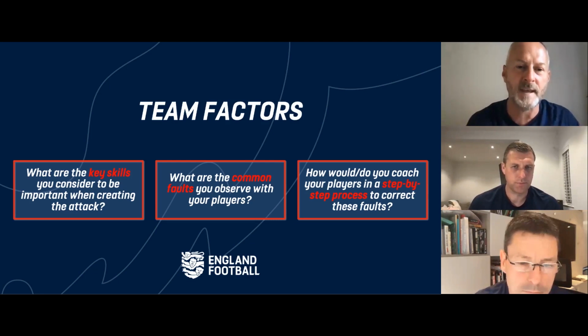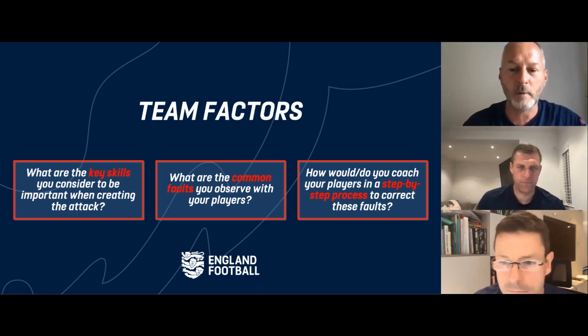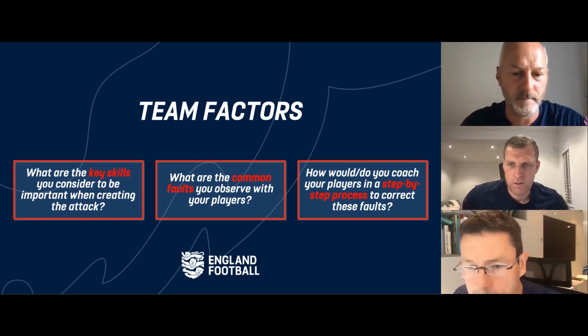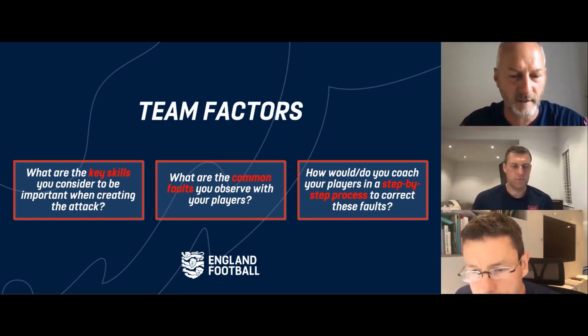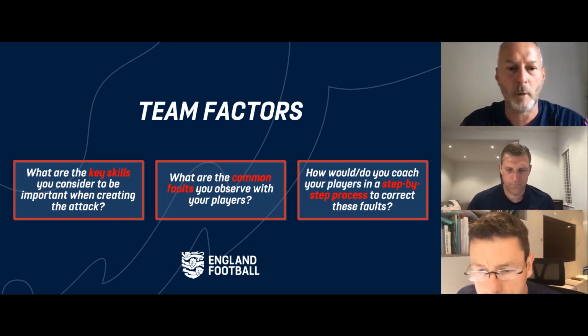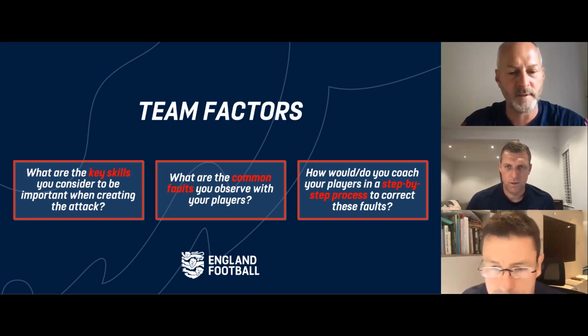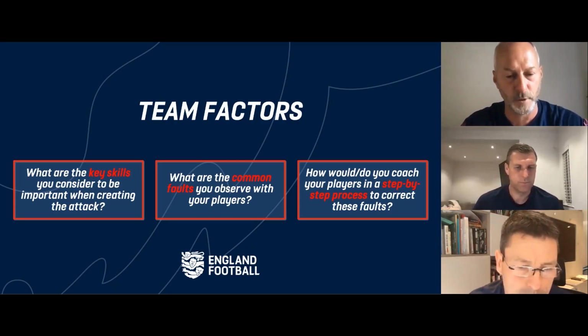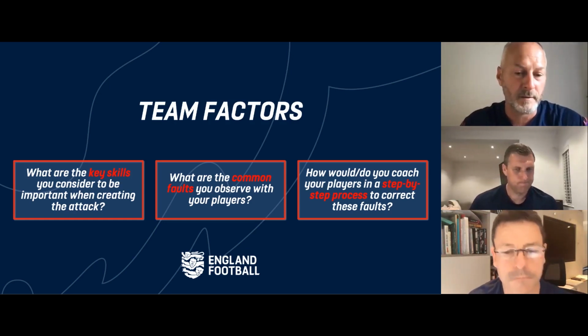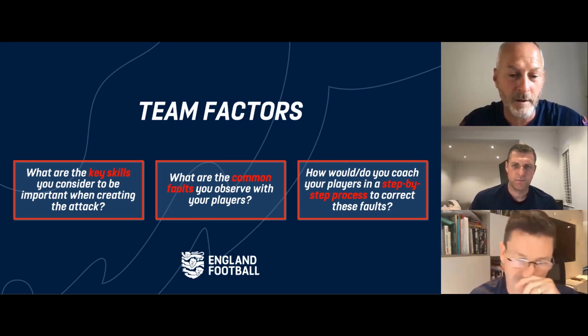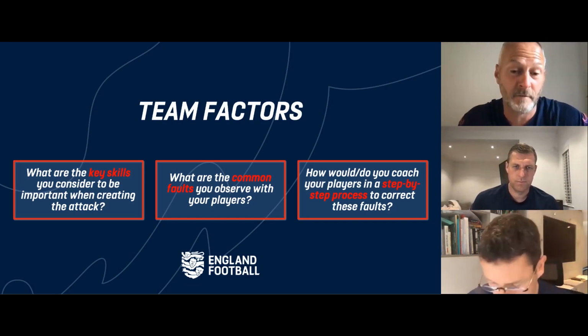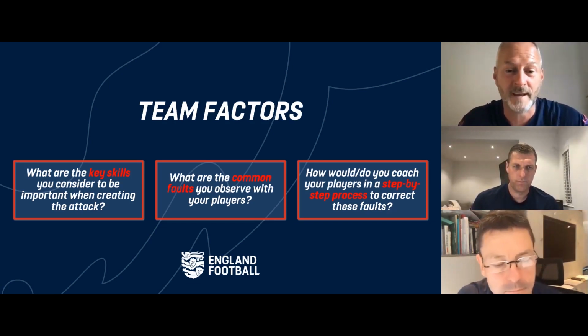If they've got all these key capabilities at an individual level, that allows you to start thinking about the tactics and your style of play. It allows you to make informed decisions around how you're going to provide solutions to the problems you might face within any moment of the game. Because if the technique's not there, it doesn't matter how good your tactics are, I would suggest they're going to fail. So it's that connective piece.